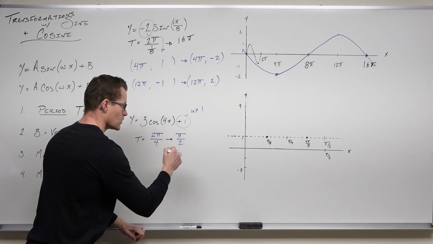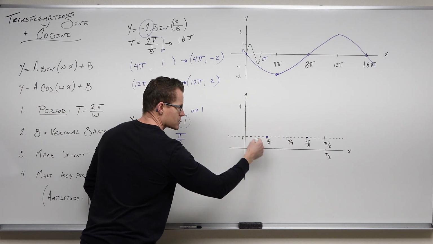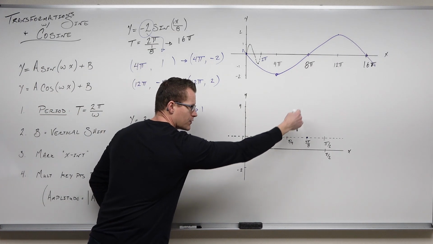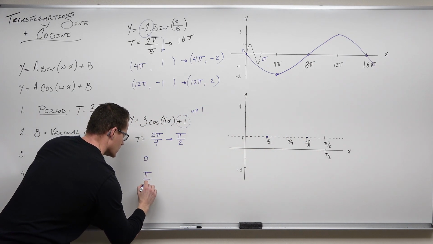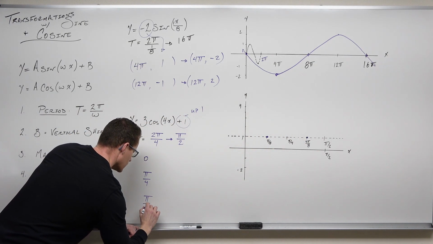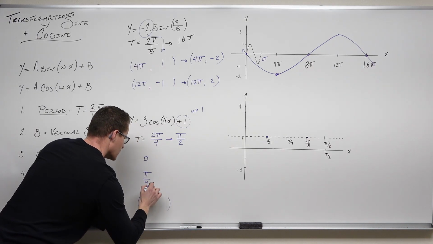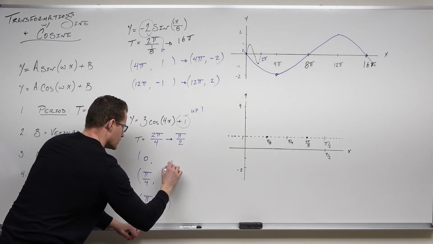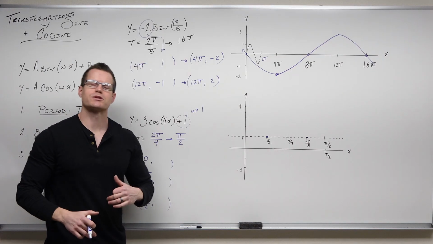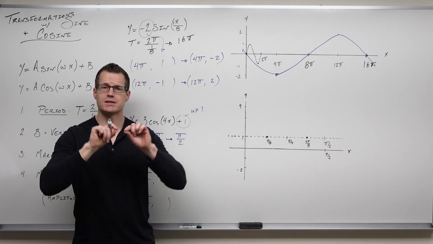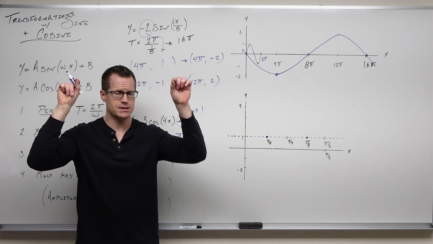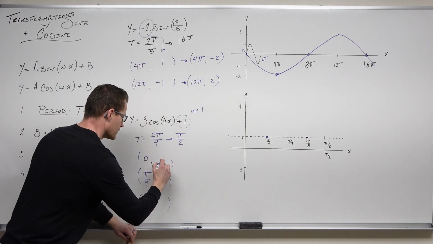So I'm going to put down 0. Here's 0. And so x equals 0, and pi over 4 and pi over 2. We also need to understand what cosine does. Cosine has peaks of 1 at the ends and -1 in the center.